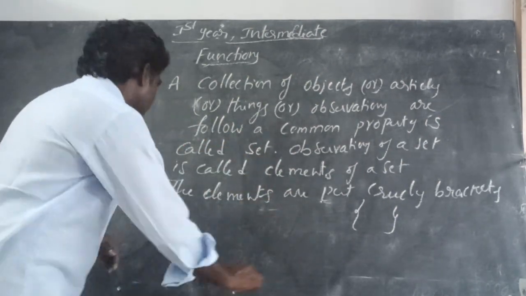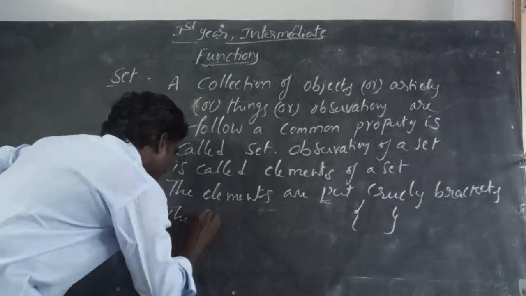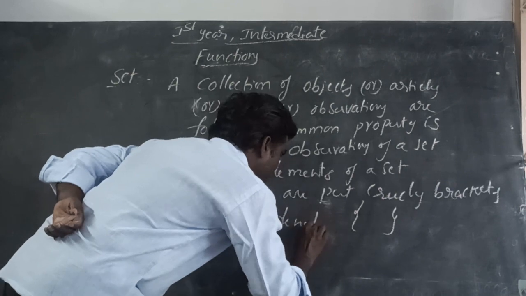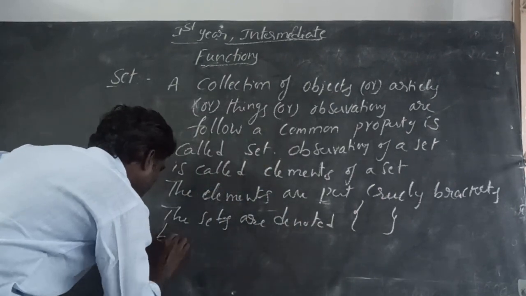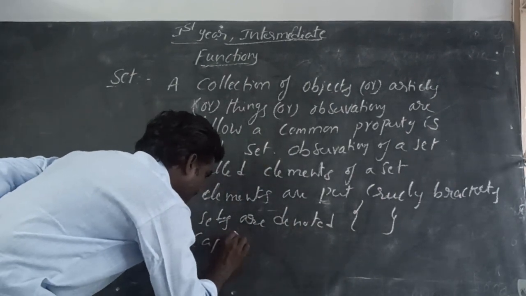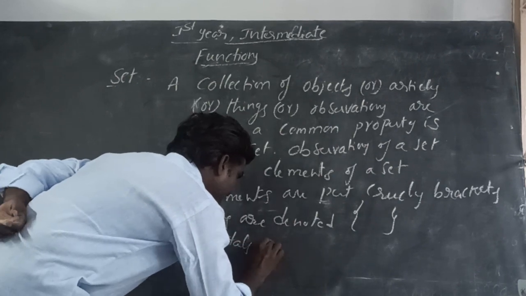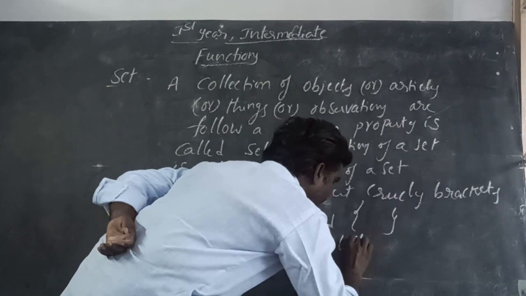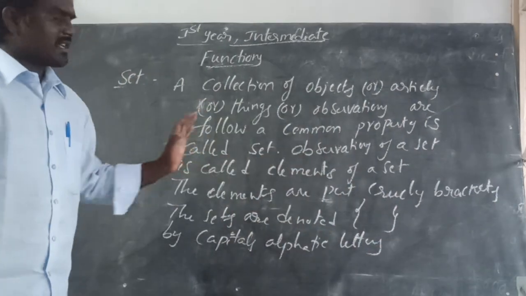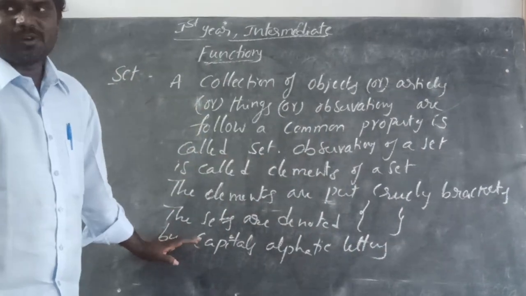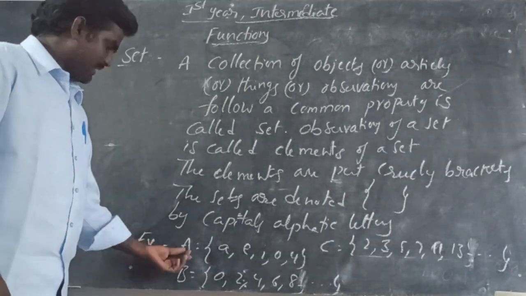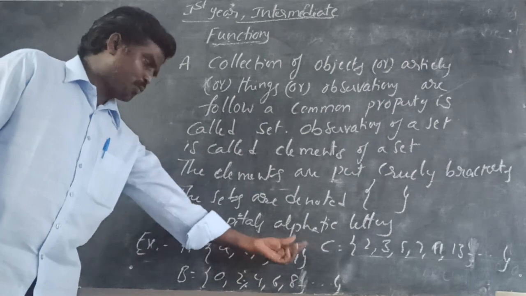Okay, the sets are denoted by capital alphabetic letters. The elements of sets are denoted by small alphabetic letters. Example: A = {a, e, i, o, u}.